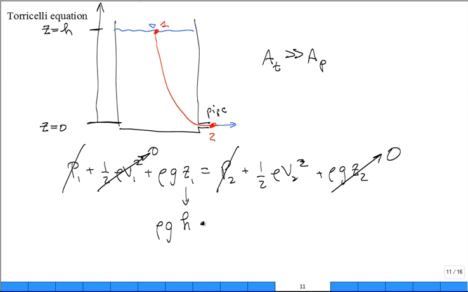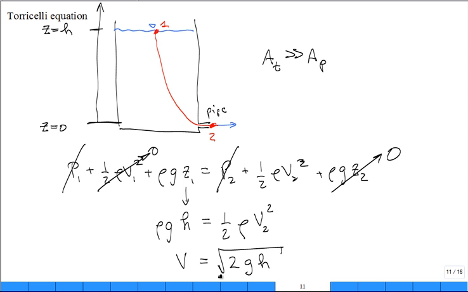Rho g h is equal to 1/2 rho v2 squared, or the exit speed is equal to the square root of 2gh. That's the Torricelli equation. It's derived by using Bernoulli's. And so it gives you a pretty good estimate of the exit speed.